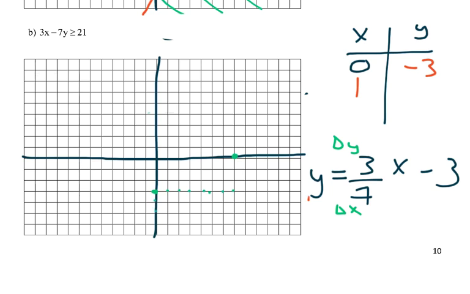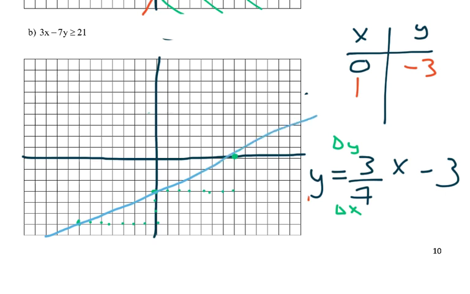So if we went down 3 squares, we'd have to go back 7. Is that 7? Yeah, that's all 7, isn't it? And then with those 3 points, we can make our line. And again, it's not going to be the most accurate line.